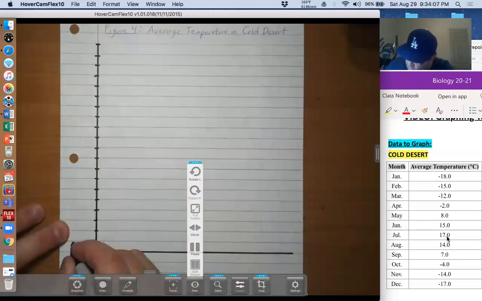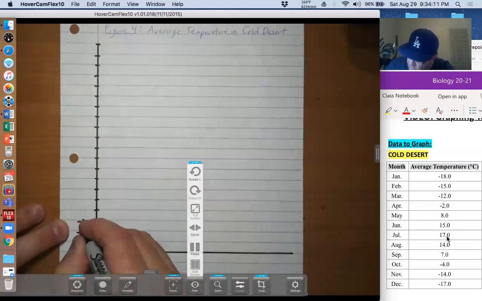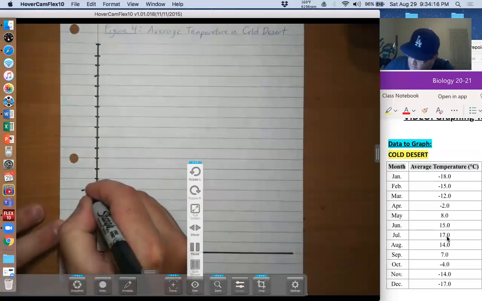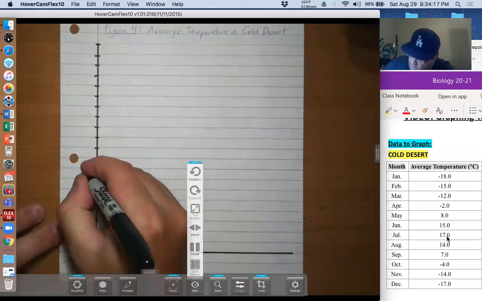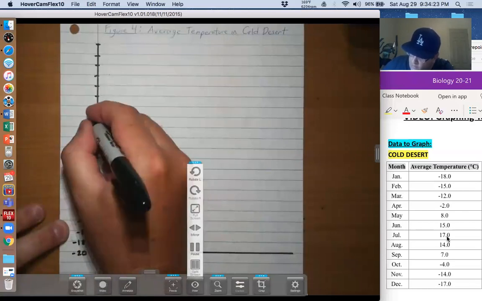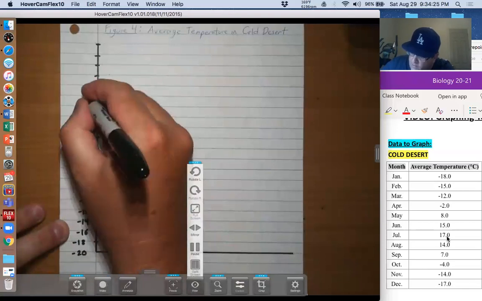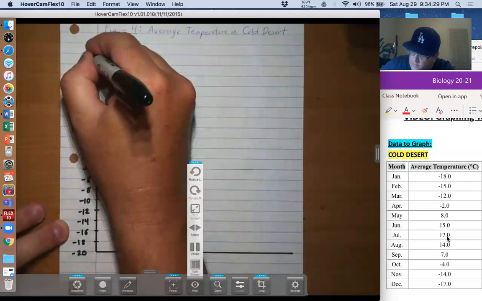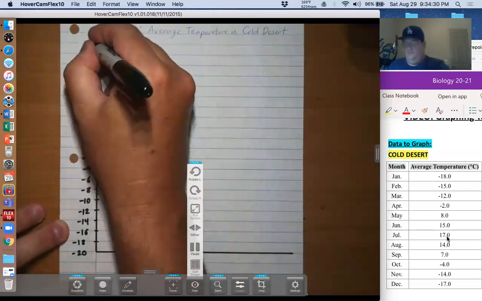So negative 18, negative 16, negative 14, negative 12, negative 10, negative 8, negative 6, negative 4, negative 2, 0, 2, 4, 6, 8, 10, 12, 14, 16, 18, 20.